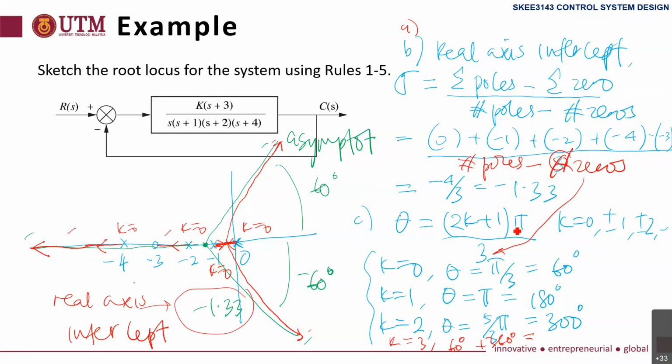Also, of course, because in equation A, poles minus zeros is equal to the number of asymptotes, so actually we divide by the number of asymptotes. Any other question?